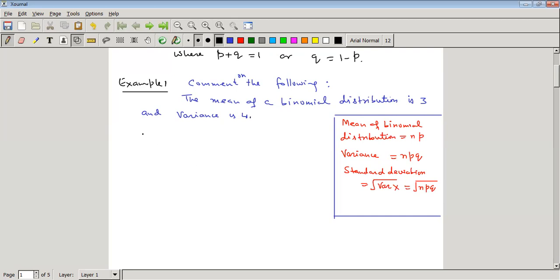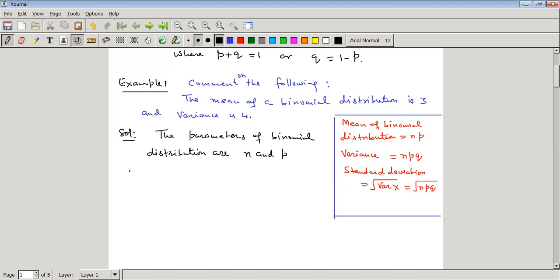The parameters of binomial distribution are n and p. Right?